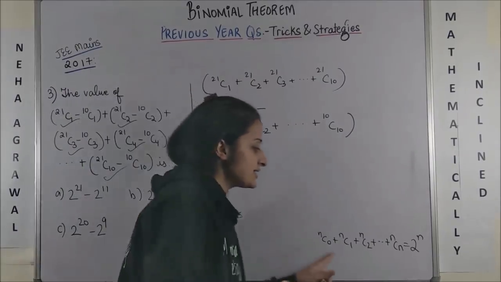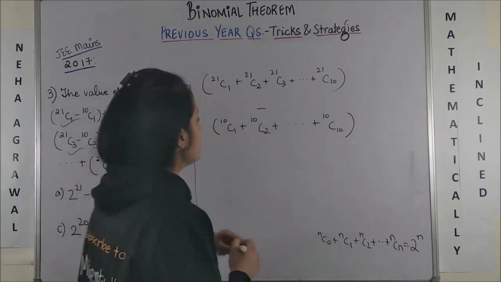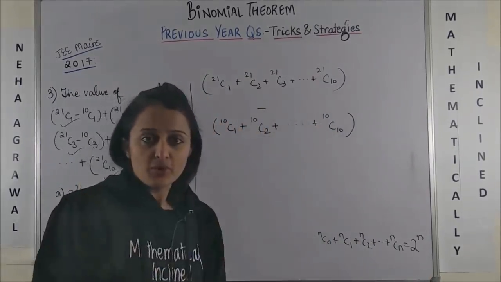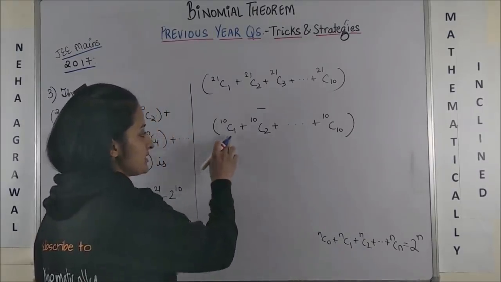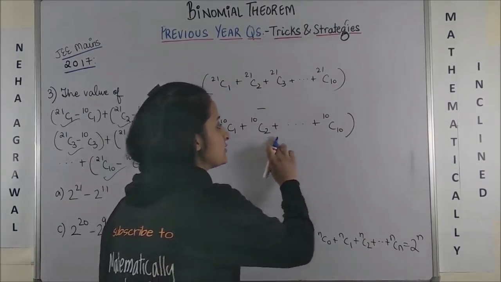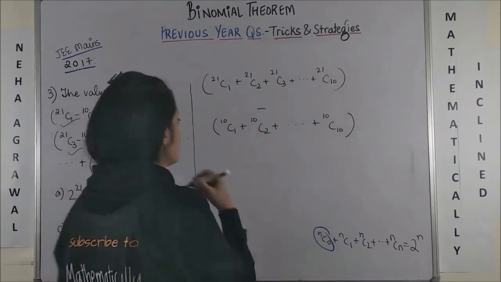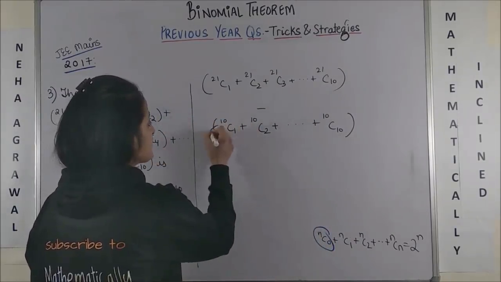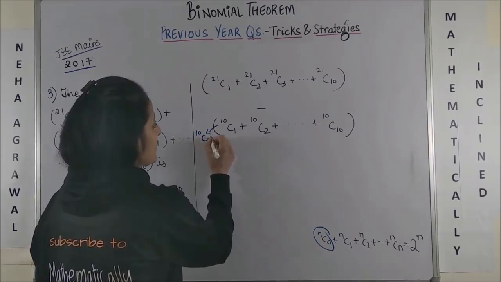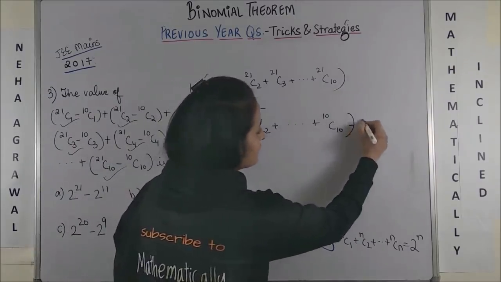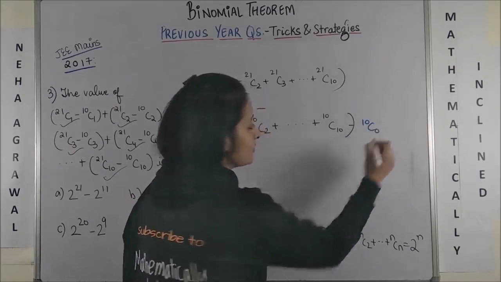Now we had just discussed this result. If you look at the second one, which is easier to handle, you would see it has 10C1, 10C2 up till 10C10. What is missing is only your 10C0. So if I add this 10C0 on my own, then obviously I have to subtract the same to balance it out.